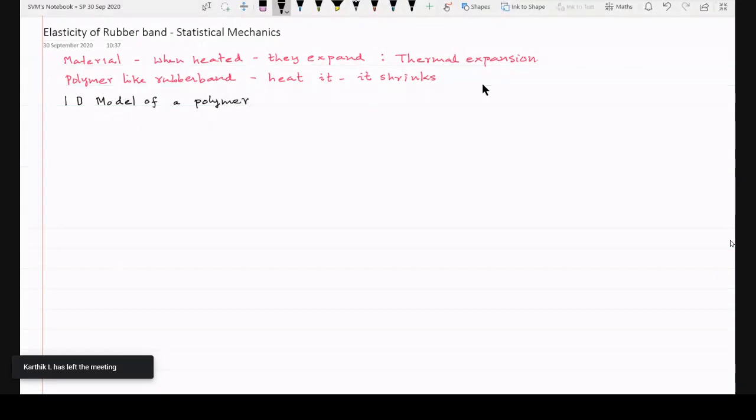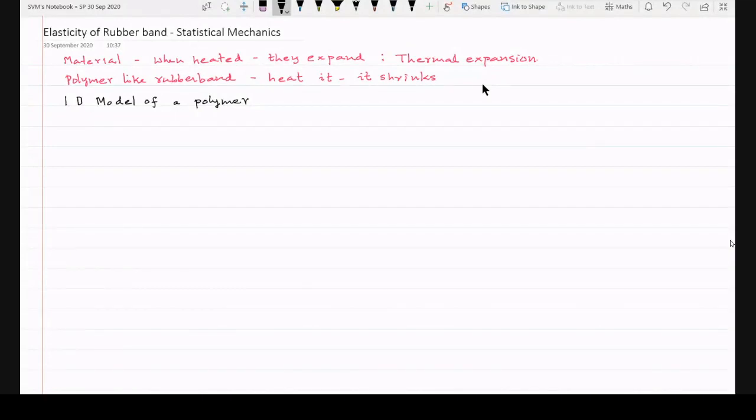In the 1D model, I have a polymer which generally has different monomers joined by some links, which are basically bonds. Here I am going to abstract this polymer as a collection of links.